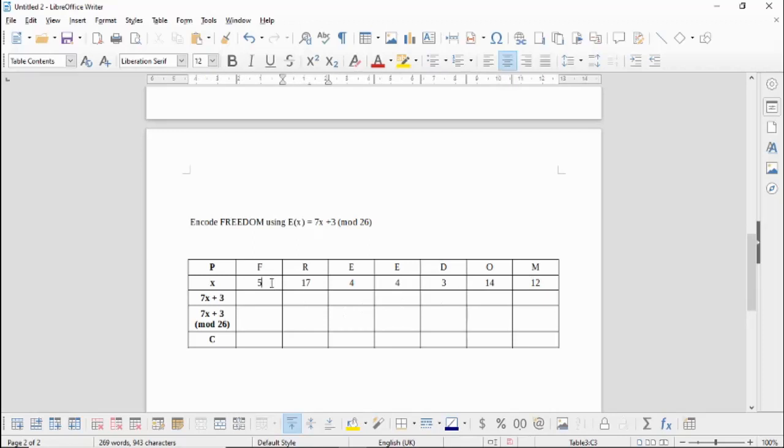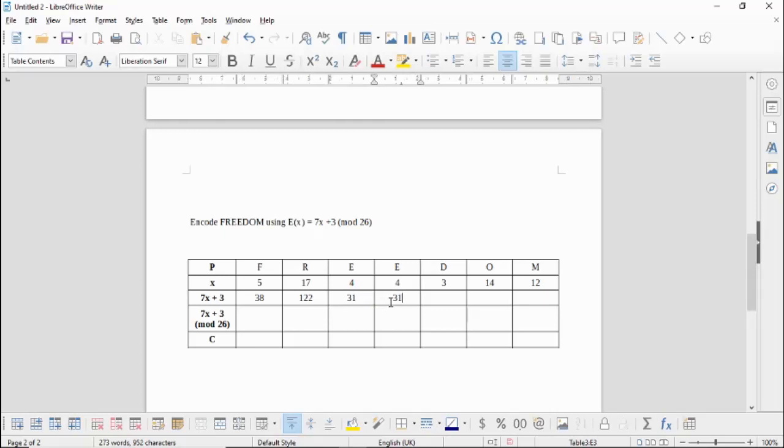So when we put the x values into the formula 7x plus 3, when x is equal to 5, 7x plus 3 is equal to 38. When x is equal to 17, 7x plus 3 is equal to 122. When x is equal to 4, 7x plus 3 is equal to 31.